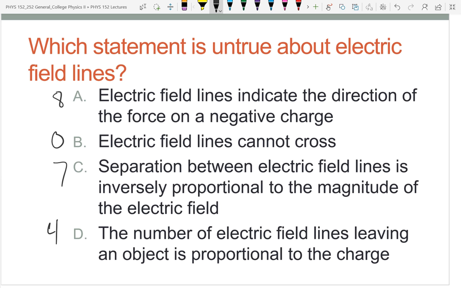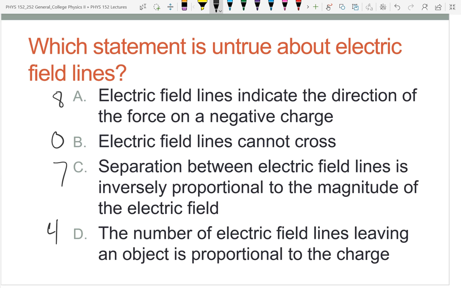Because the separation between electric field lines is proportional to Q. It's actually A. Last year I had the slide with the wrong wording in there to match what you said, which was incorrect. It's actually A. The separation is inverse to the strength.